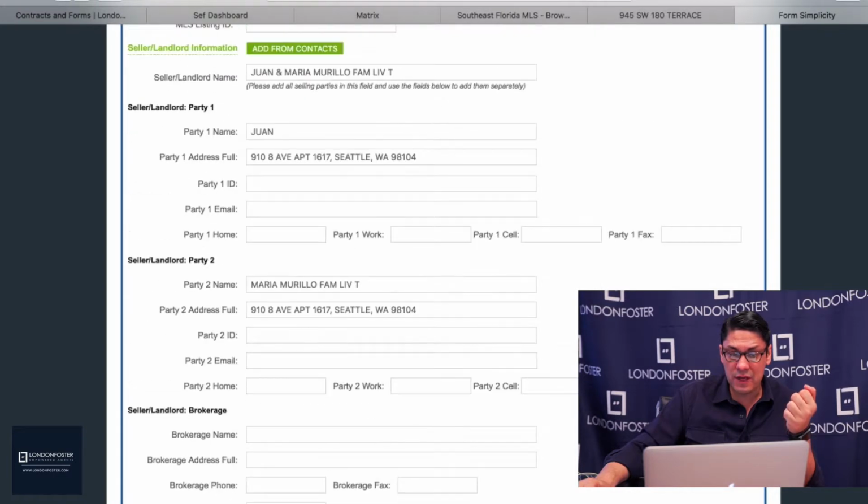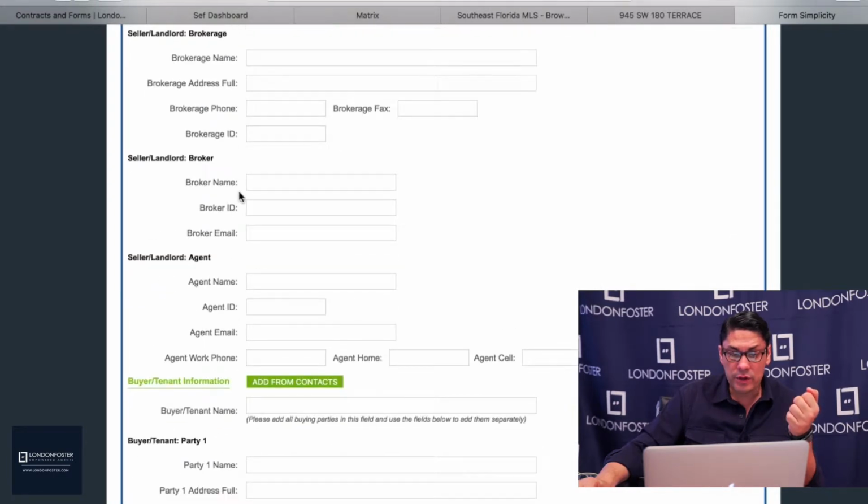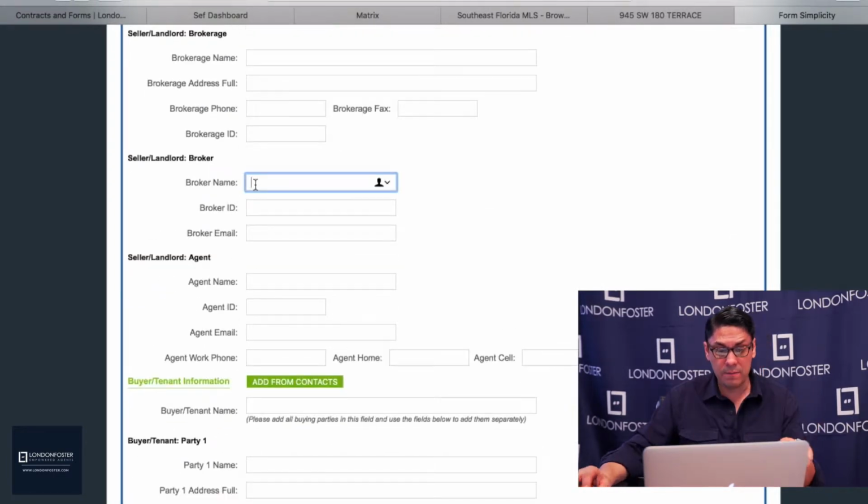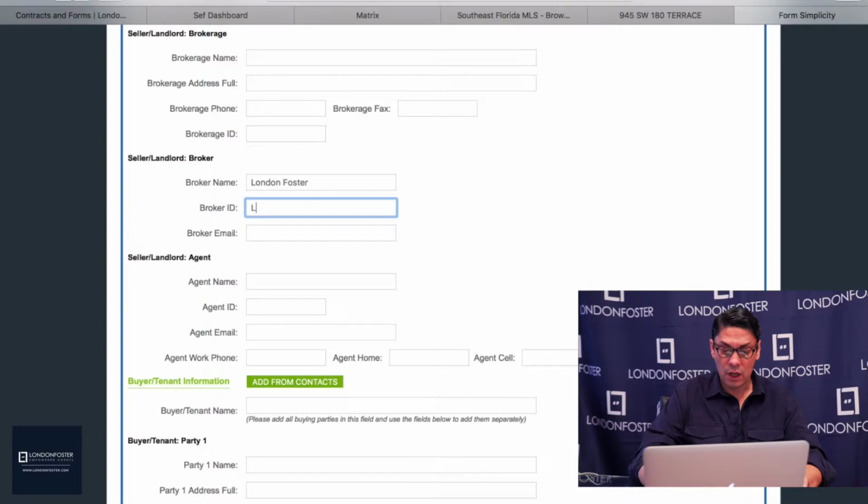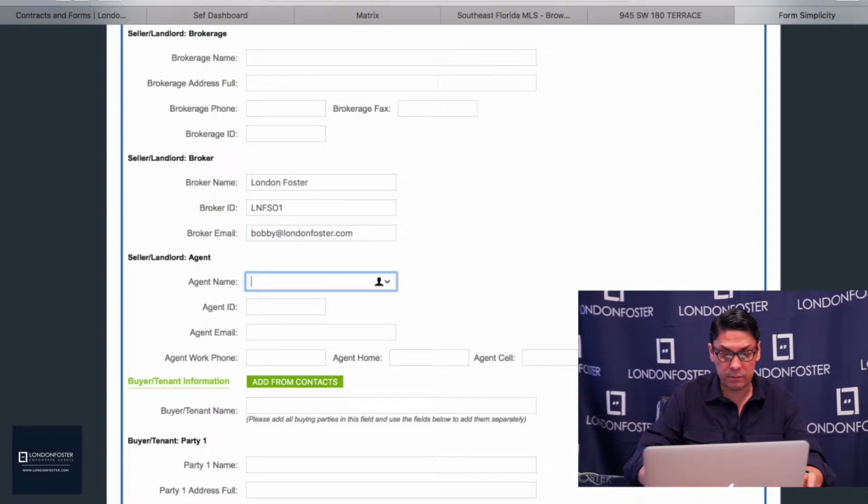So if you are the seller's agent, you are going to write in the broker's name, you're going to write the London Foster ID and who your broker is, which is Bobby at londonfoster.com.